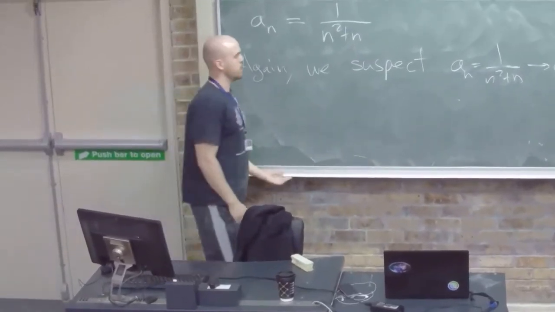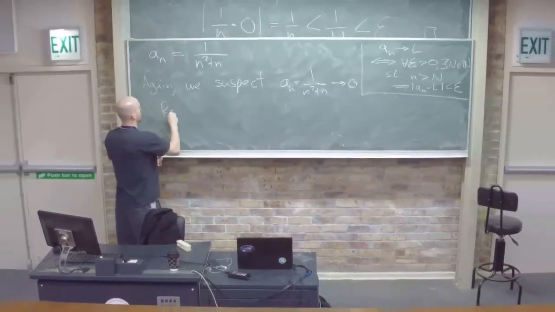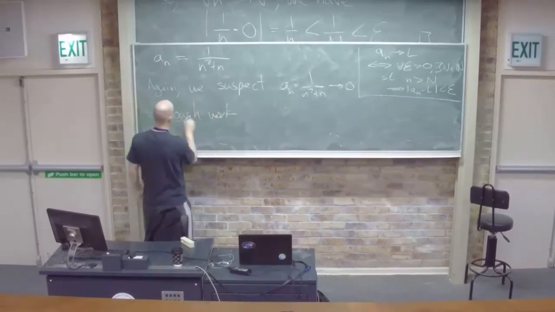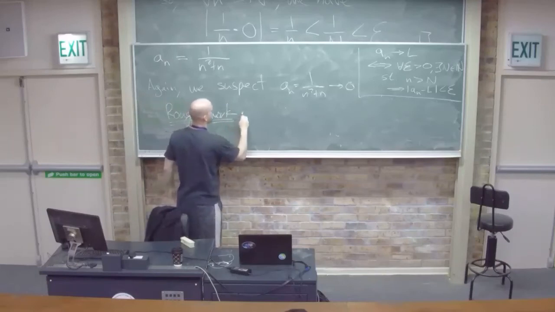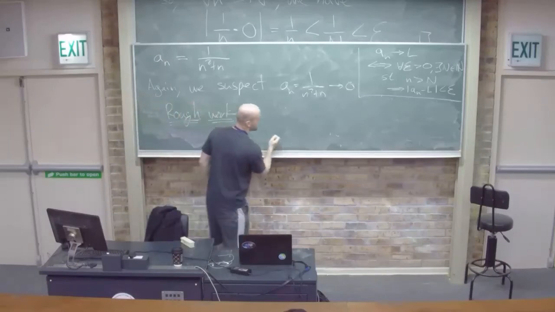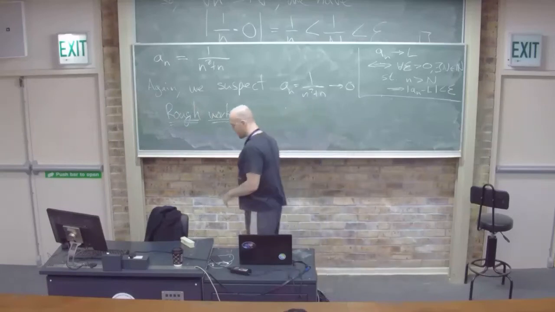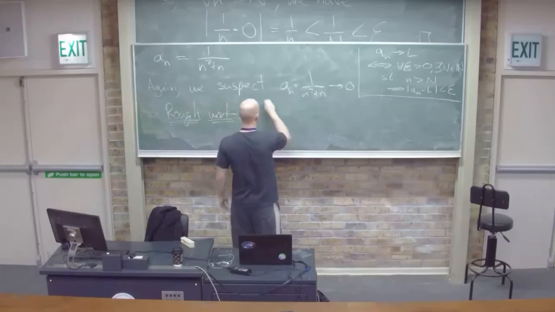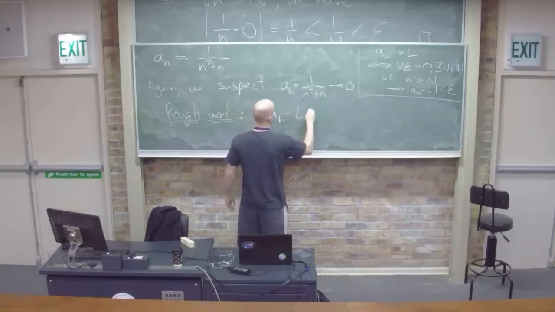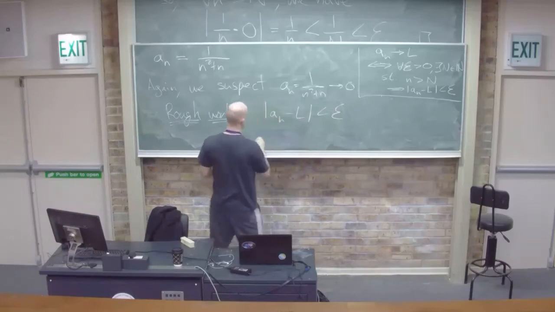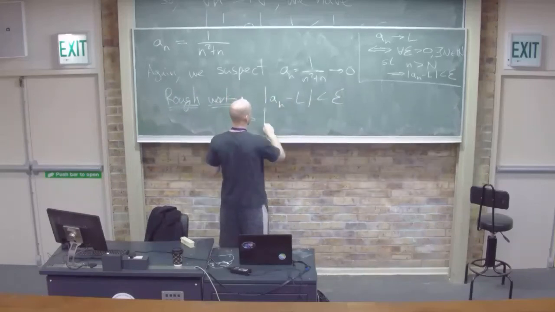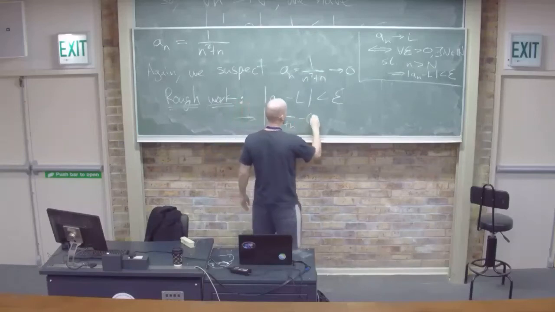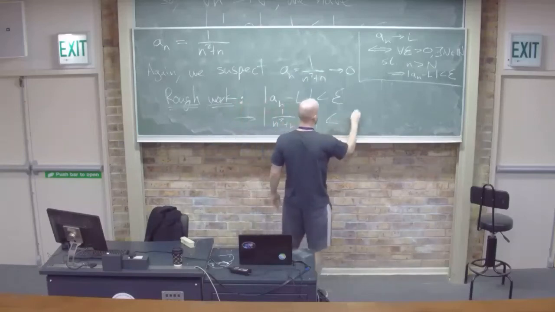Okay, so we've got to do our rough work. And what are we studying? We want to study an inequality that looks like this: a_n minus L less than epsilon. In this case, what we're really looking at is 1 over n squared plus n minus 0 less than epsilon.